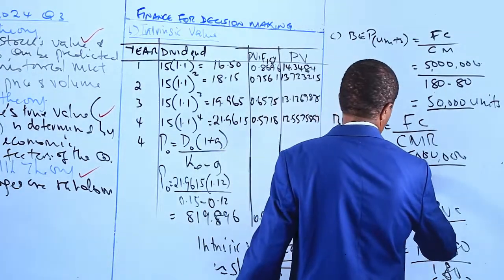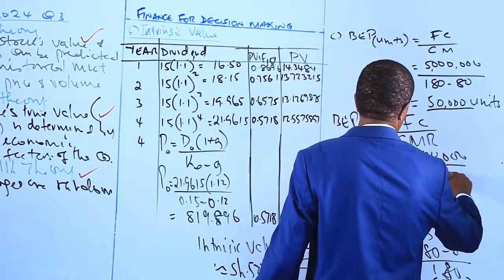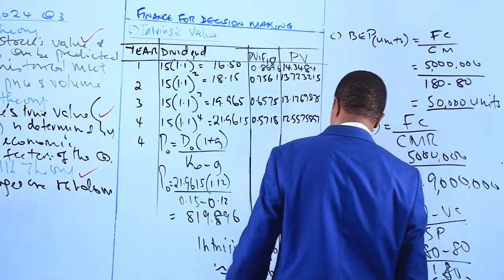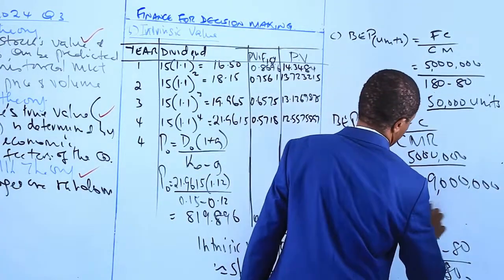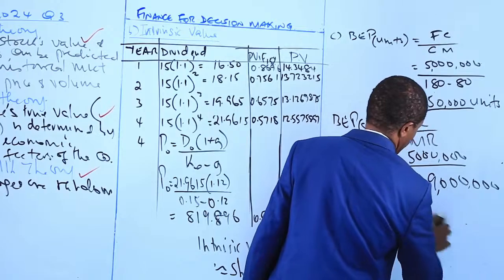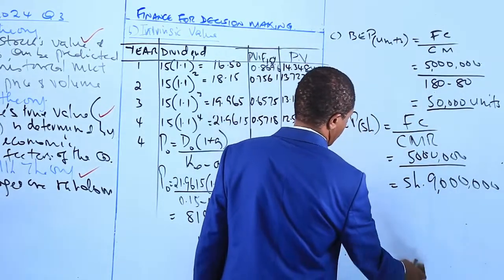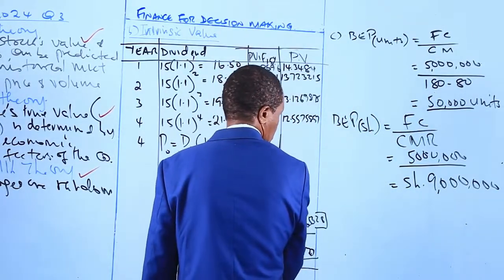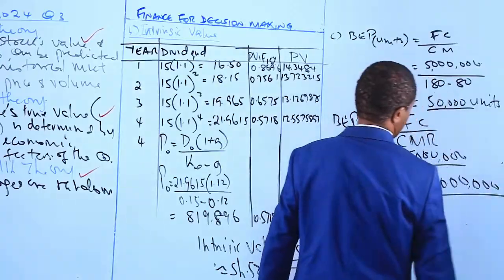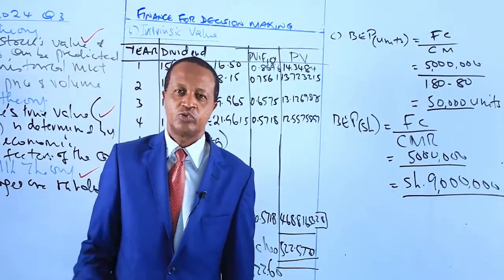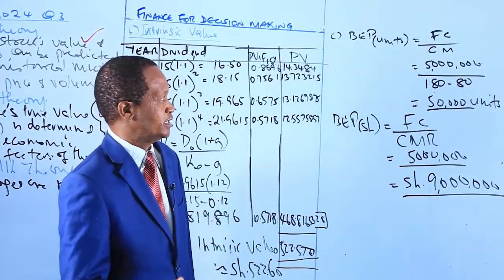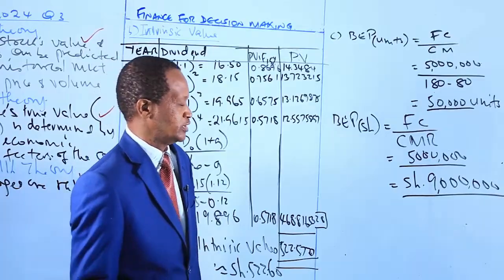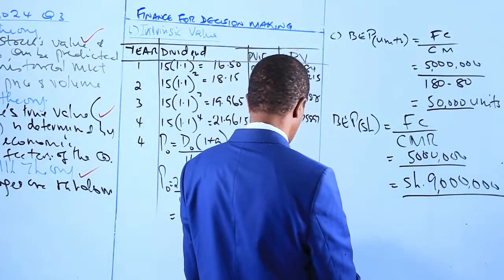When I round off in shillings, this will be 9 million. That is the break-even point in shillings. The break-even point in shillings is equal to 9 million shillings. So that is how candidates calculate the break-even point in shillings and in units. Then the second part of the question reads, look at the question.